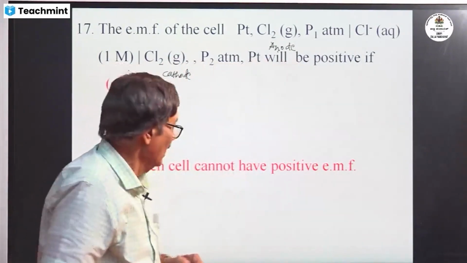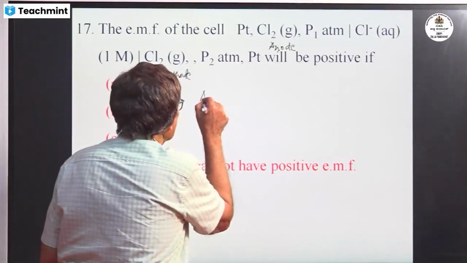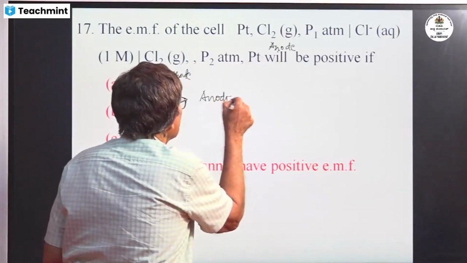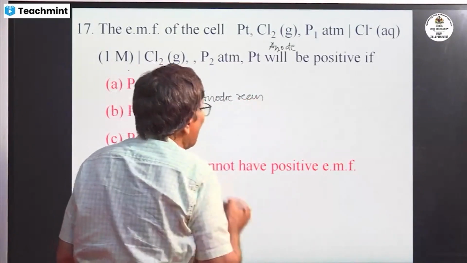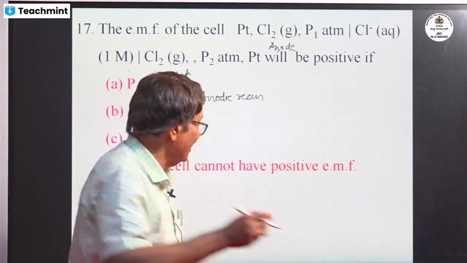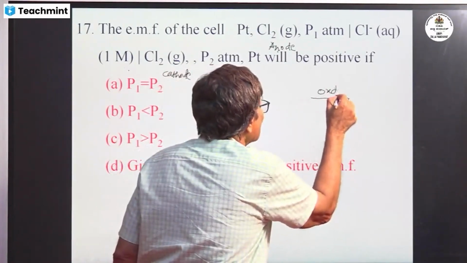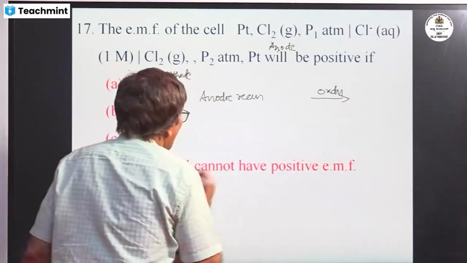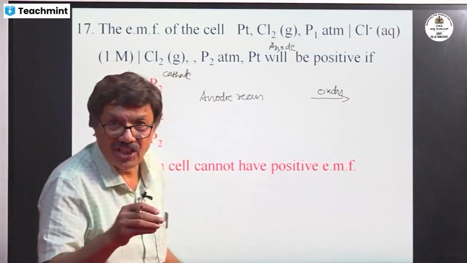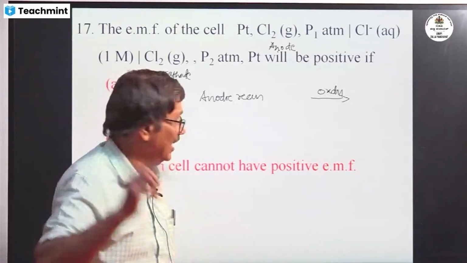Let me write the anodic reaction. Which reaction takes place at the anode? Where oxidation takes place, it is the anode. Oxidation means loss of electron.